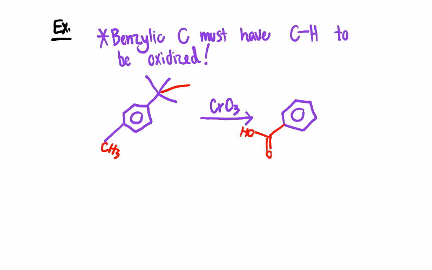On the other hand, this carbon has no carbon-hydrogen bonds directly there at the benzylic position. Our benzylic position is this carbon that I put a dot on, and that would be described as a quaternary carbon. And so at that quaternary carbon, we have no reaction that can take place. So I'm just going to draw that in exactly like it was to start with, because there will be no reaction there at the benzylic position. So remember that in order for oxidation to take place, you absolutely have to have a carbon-hydrogen bond at the benzylic position. Otherwise, there can be no reaction taking place there.